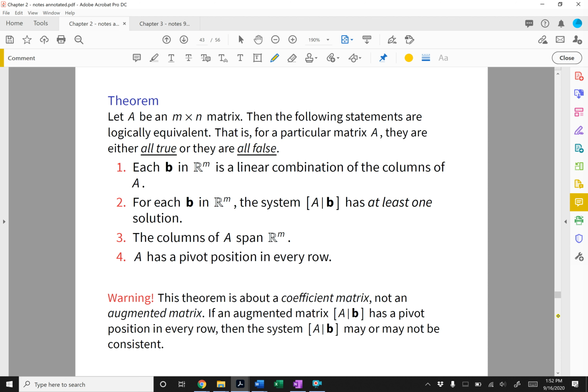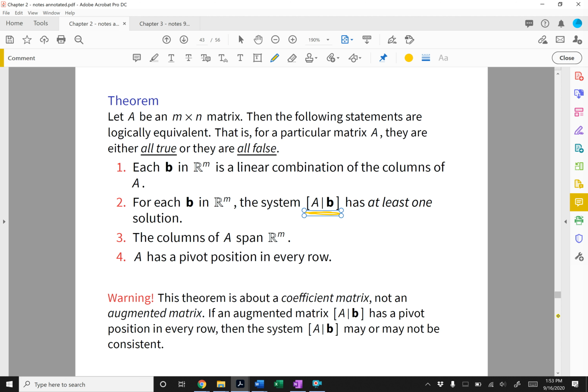Each B in Rm is a linear combination of the columns of A. So no matter what point we pick in Rm, we can find some linear combination of the columns of A to reach that point. For each B in Rm, the system, this is the augmented matrix, has at least one solution.